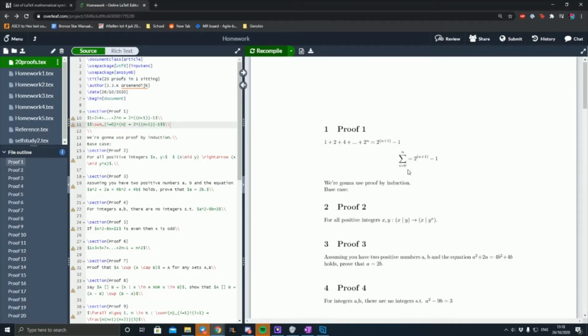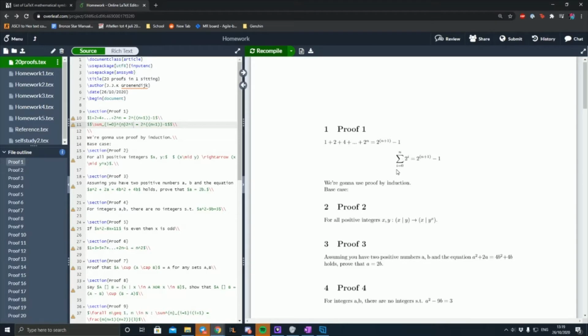Yeah, you forgot the 2 to the power of i in the summation. Oh yeah, that might be useful to actually have the thing we're reasoning about in there. And now I have an equal sign too little. Okay, so this should be 2 to the power of i.